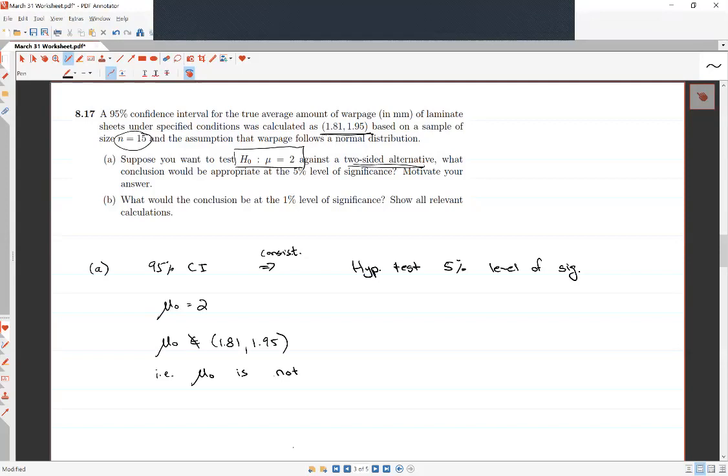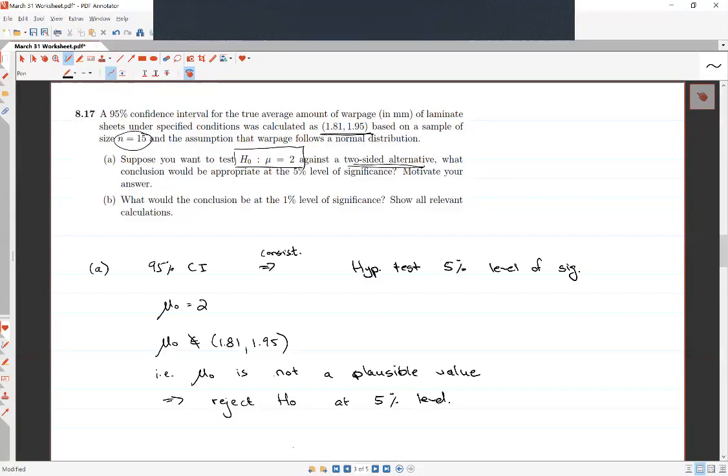So mu naught is not a plausible value. And if it's not plausible, what would we expect to do? We would reject the null hypothesis at the 5% level. So because the value under the null hypothesis here is not inside the confidence interval, we would reject the null hypothesis.